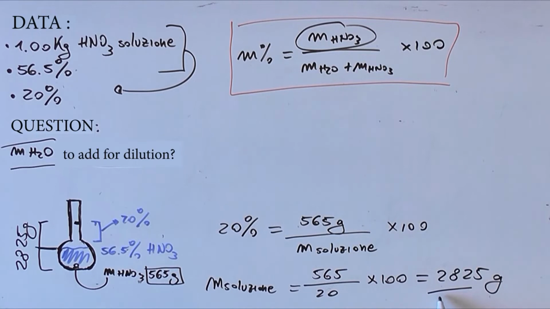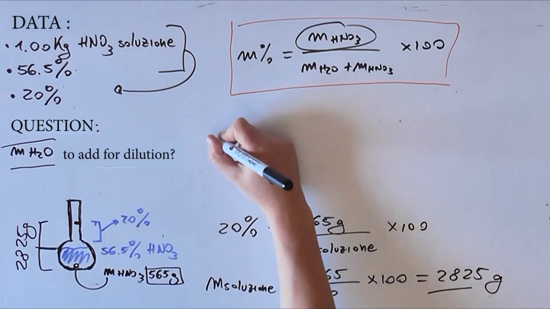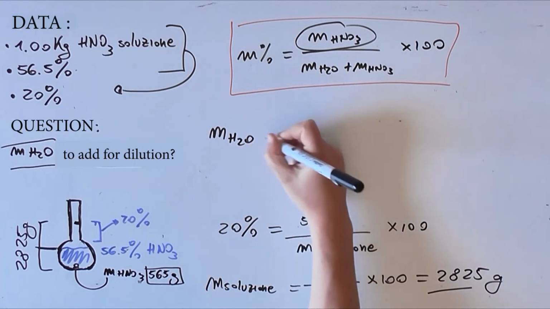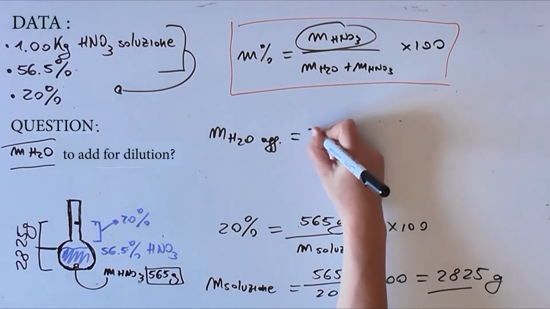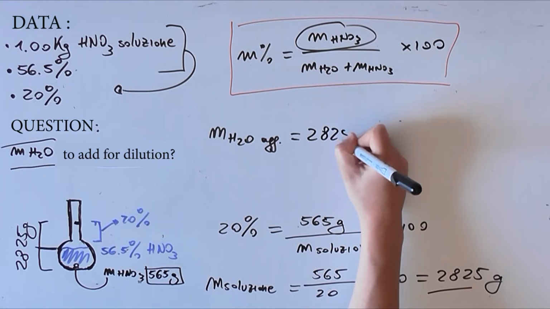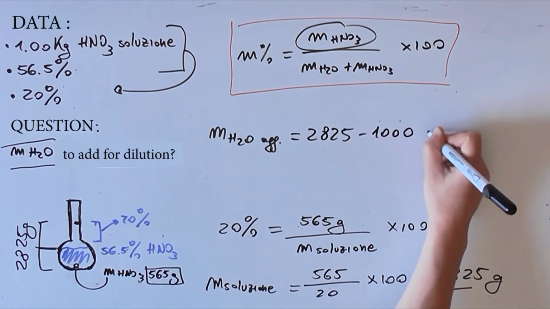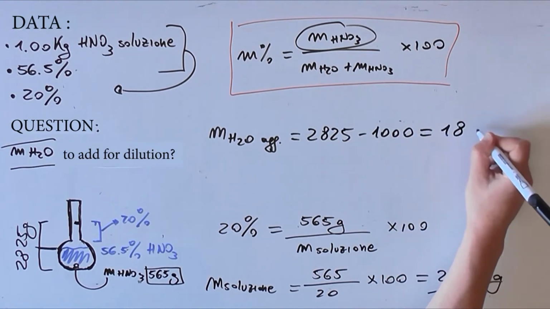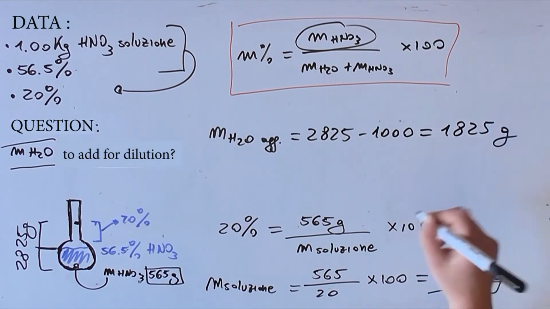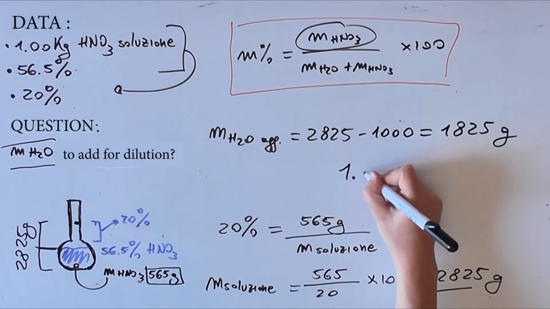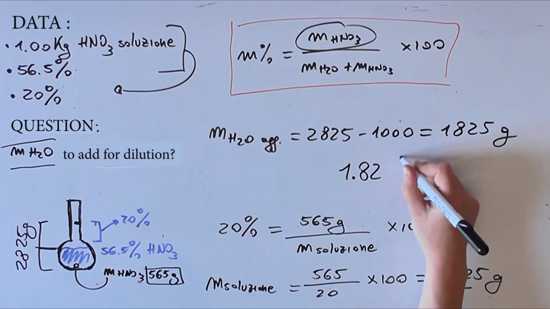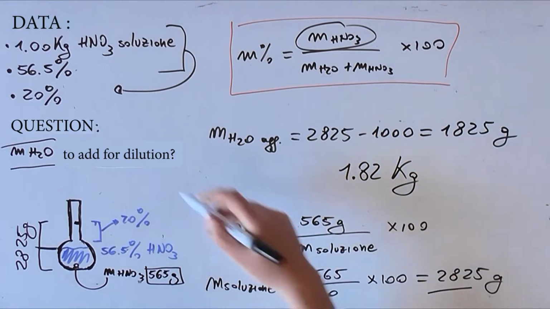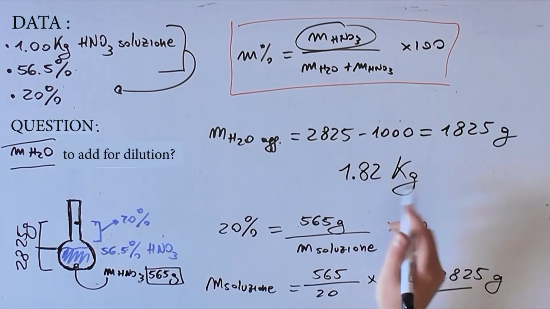The mass of water to add is equal to 2825 minus 1000, which is 1825 grams. If you'd like to convert everything in kilos, it will be 1.82. We can use only two digits this time because the problem was giving me at the beginning just two-digit numbers.